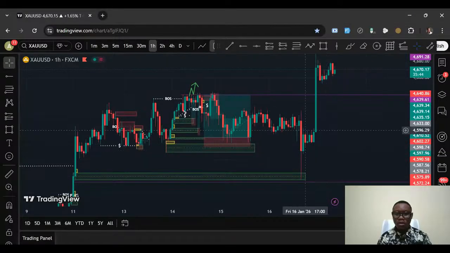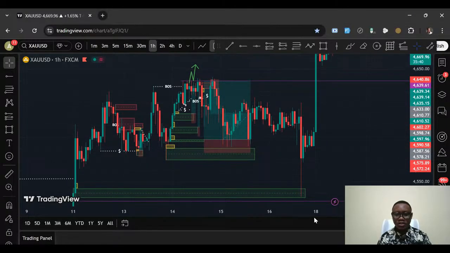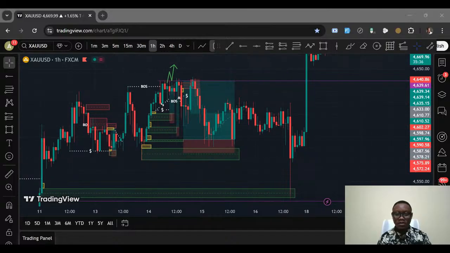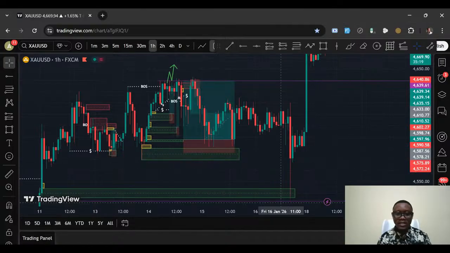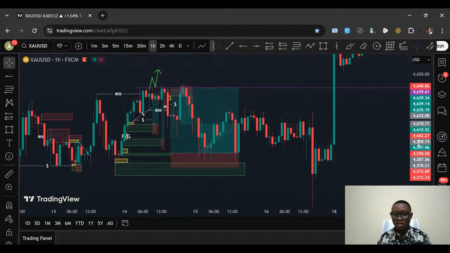Okay, so in our last session, if you remember, during our previous analysis, we highlighted these levels as a key area of interest. Let me zoom in so you can see the chart.